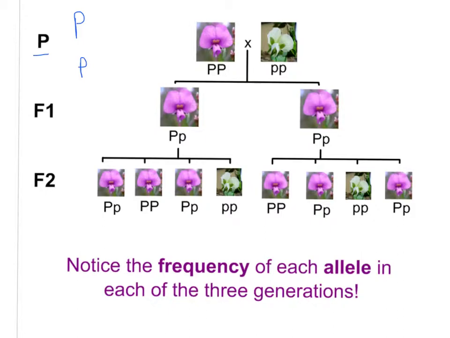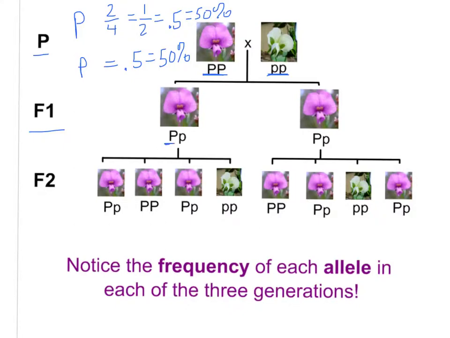We have 2 dominant and 2 recessive out of 4. So 2 out of 4 gives us 1/2. When we divide that out, it's 0.5 or 50%. We get the same for the little p, 0.5 or 50%. Let's look at the F1 generation.